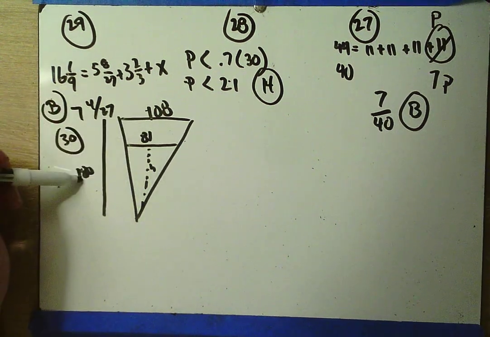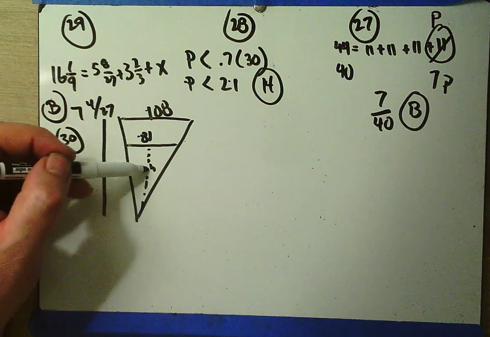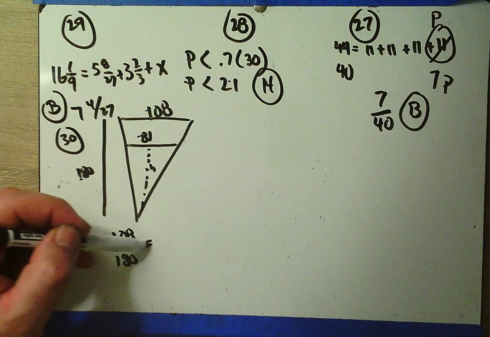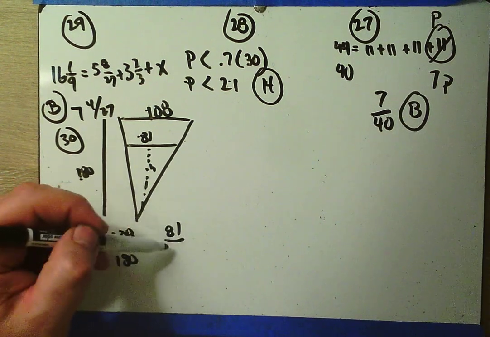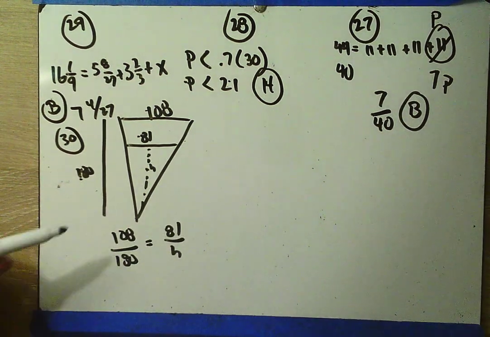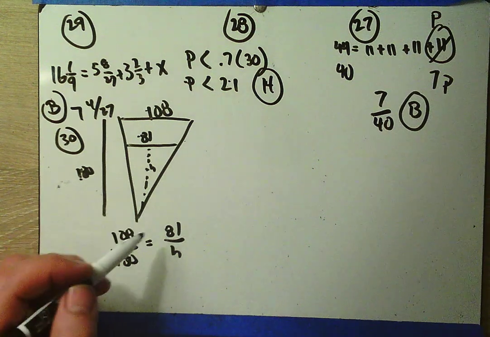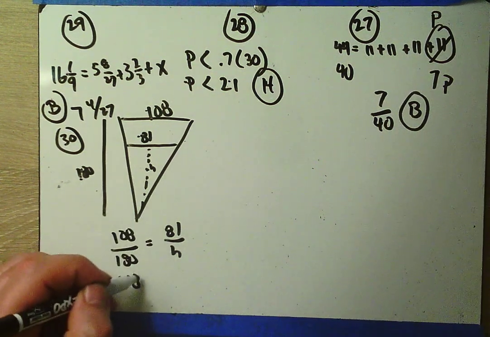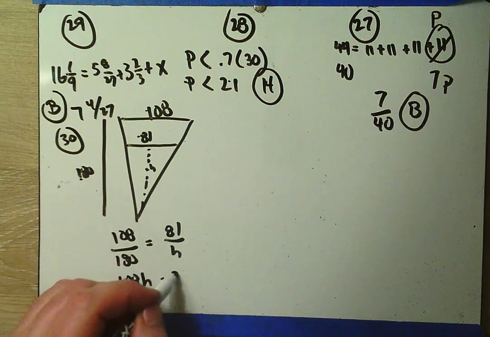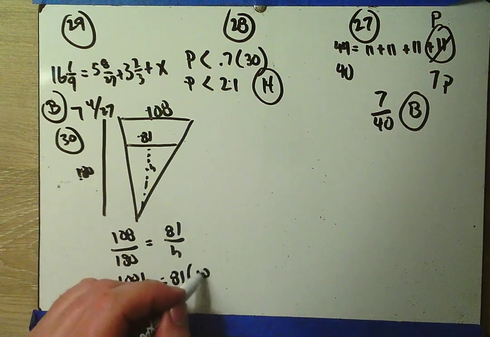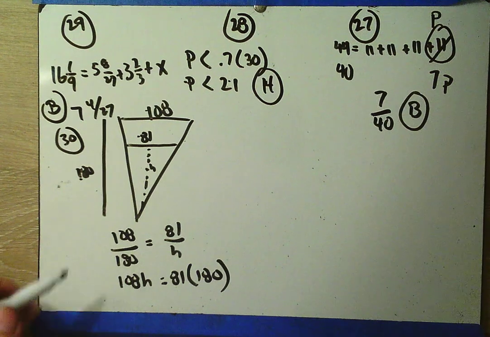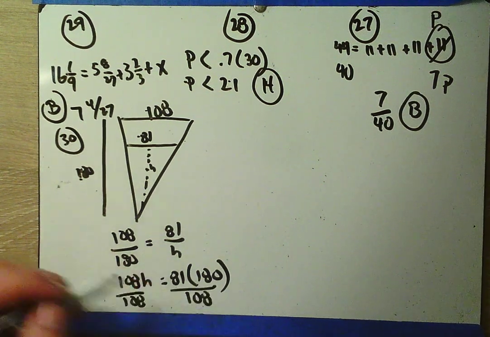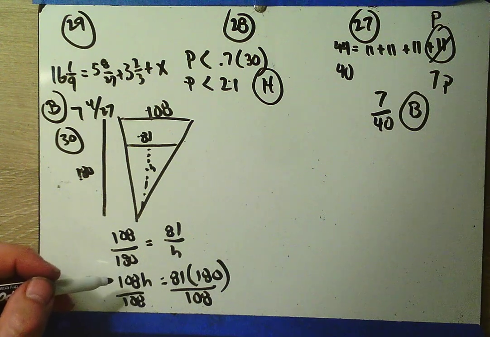This is to this, as this is to this. 108 is to 180, as 81 is to H. I'm going to cross multiply and get 108H equals 81 times 180. And then I'll divide by 108 to get my value of H.